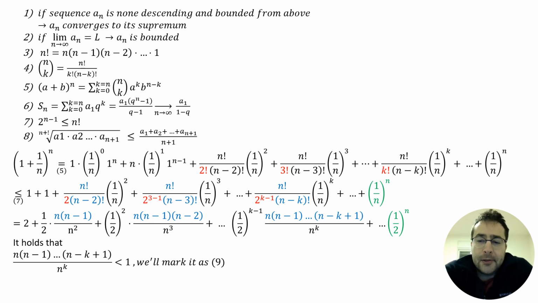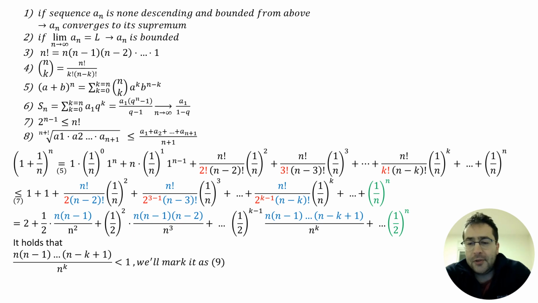So what we're left with is terms that are actually the terms of the geometric series sum, multiplied by expressions that are smaller than 1. It's easy to see that because n is the largest term in the multiplication, so the denominators are larger than the numerators, and the whole expression is smaller than 1.